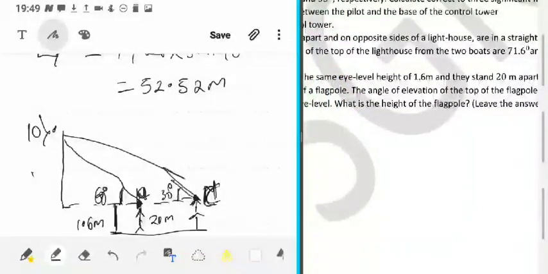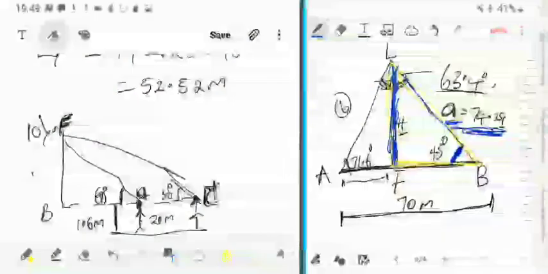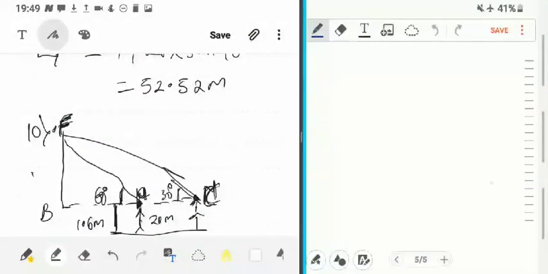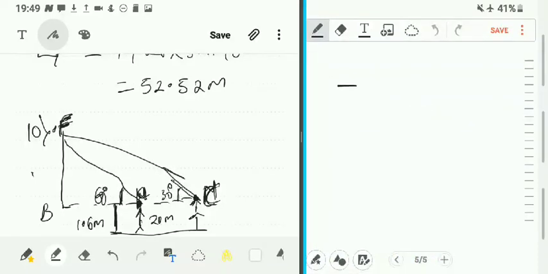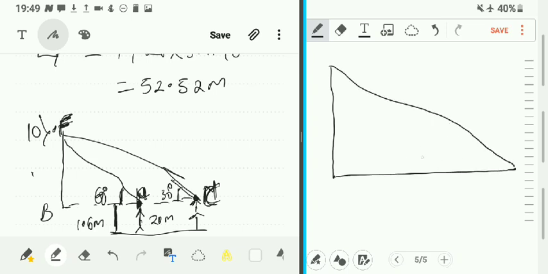So we're looking for the height of this flagpole. Let's use F to represent the flagpole, F for flag, and let's call this B, B for the base or the bottom. All right, let's transfer this. From the diagram we have something like this. This is the flagpole, this is Neuron.